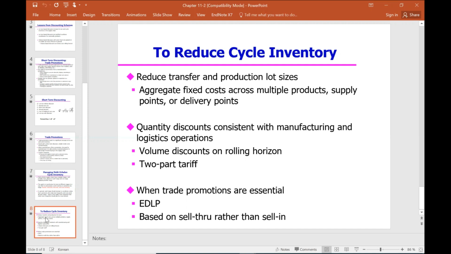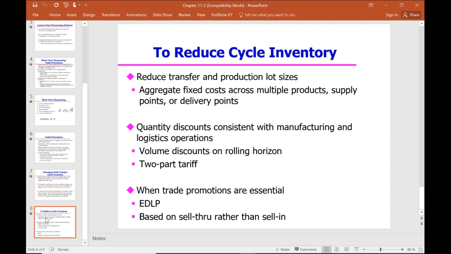Also, you had better make quantity discounts consistent with manufacturing and logistic operations. We already saw examples of how to use volume-based quantity discounts and two-part tariffs to bring about supply chain coordination.